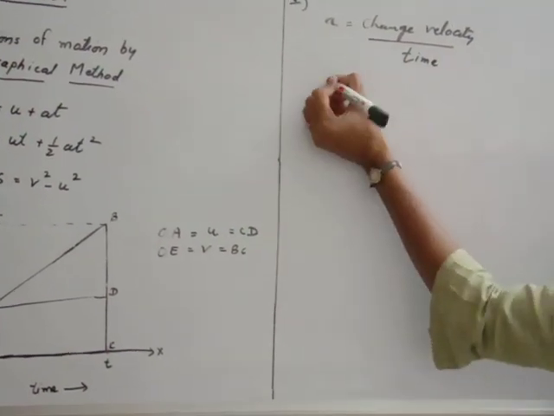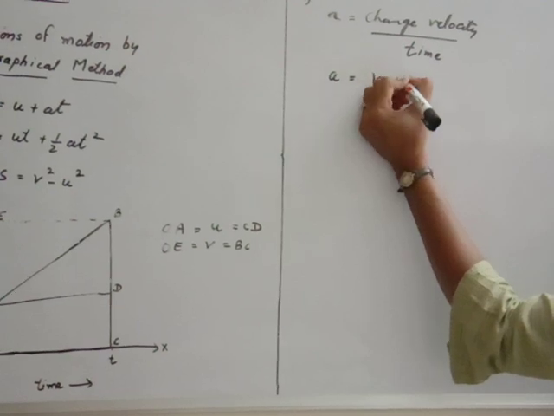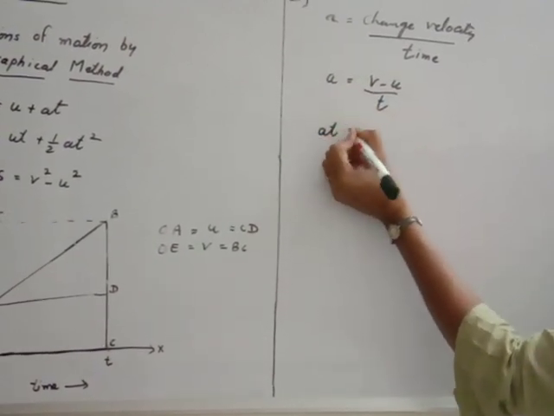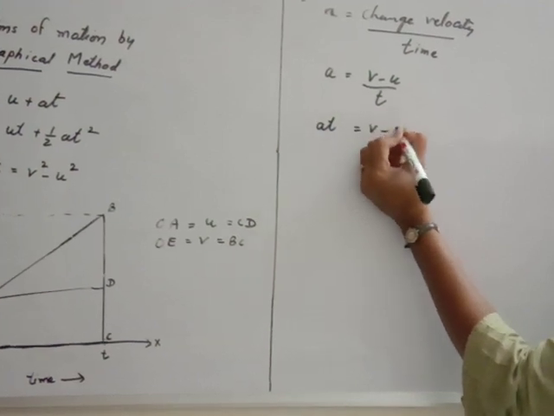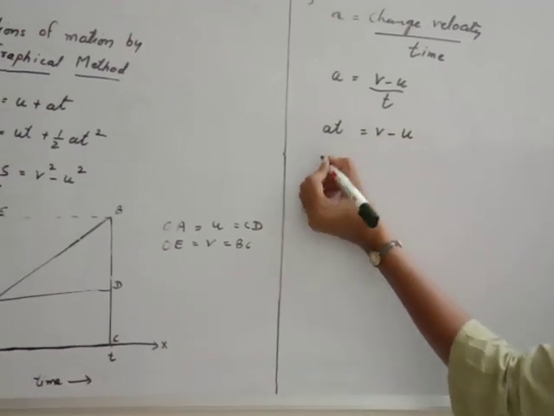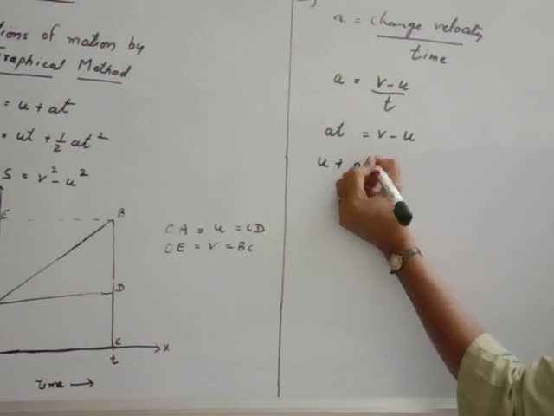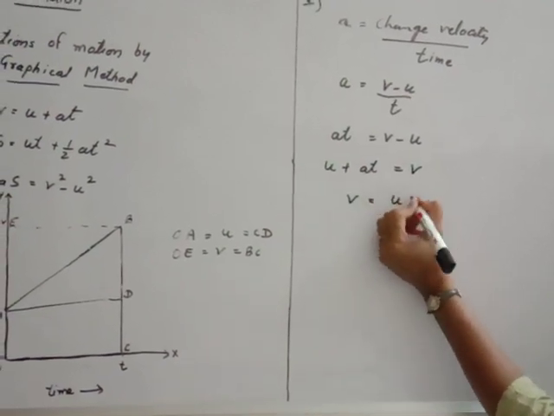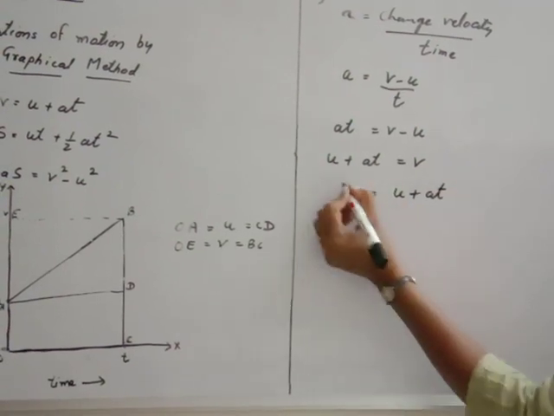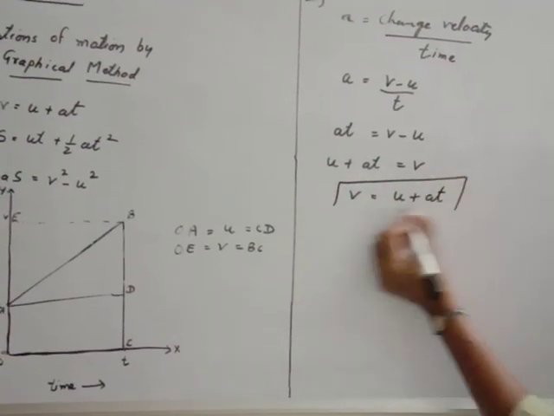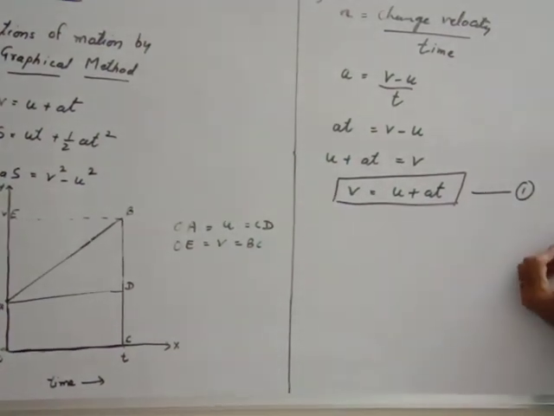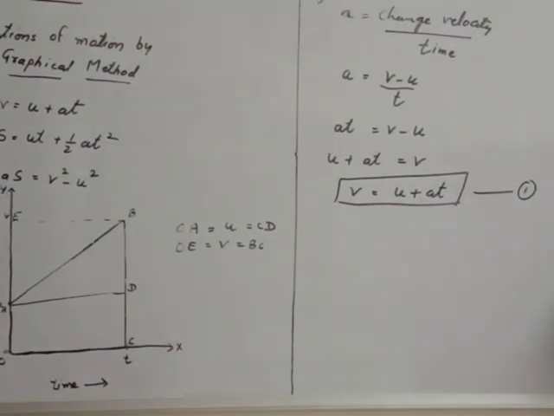So a is equal to v minus u by t. This t goes to that side. So at is equal to v minus u. u comes to this side. So u plus at is equal to v. So we got v equal to u plus at. This is my first equation.